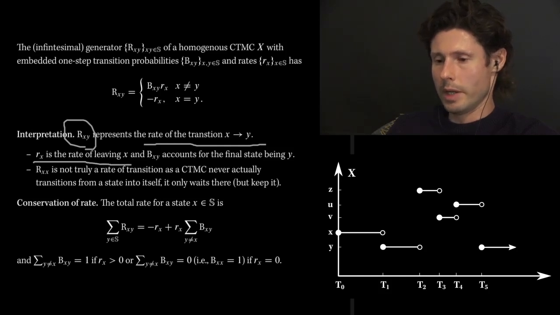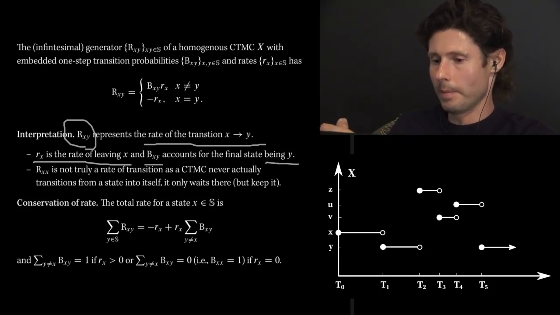That's what it is, because the waiting time is exponential. So if R_x is high, you leave quickly. R_x literally represents the rate of departing from state x. And B_xy is now accounting for the fact that the final state is y; it's like redirecting this movement out of x into the final state y. The B_xy's are all smaller, right?